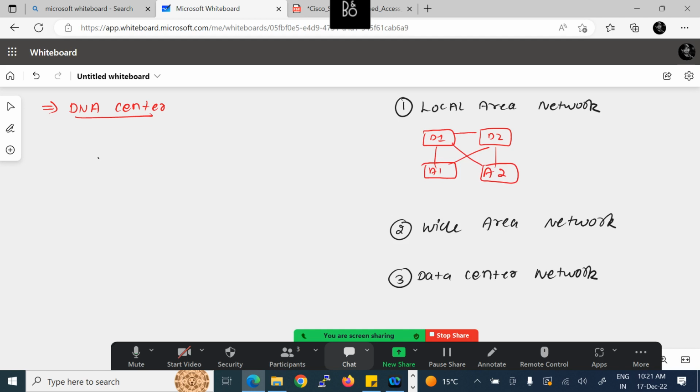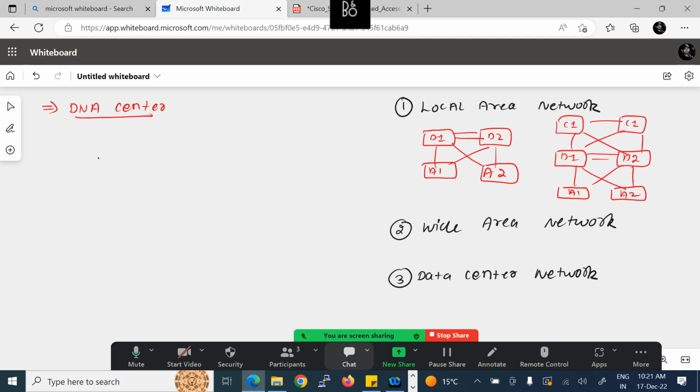Or if it is a campus area network, in that case, you can have A1, A2 access layer, distribution layer, and core layer. All right, that's the only difference. In campus area network, you will see the core layer as well.